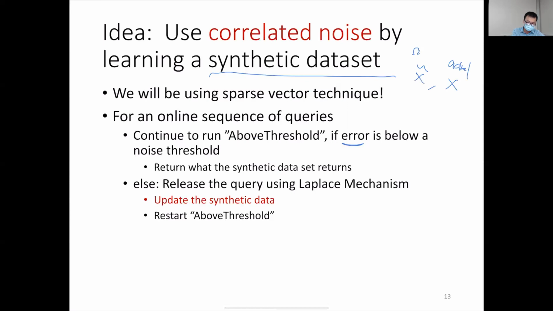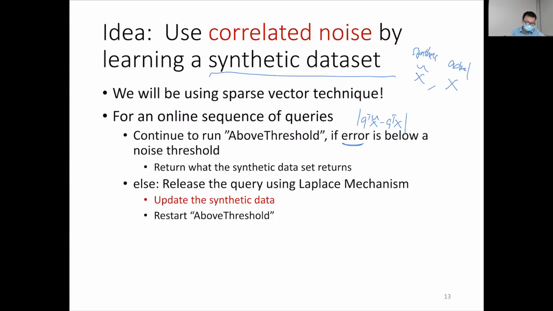This error is defined to be the absolute value of q transpose x tilde minus q transpose x. This satisfies bounded L1 sensitivity. It's just a scalar, and its sensitivity in this case is 1, right?